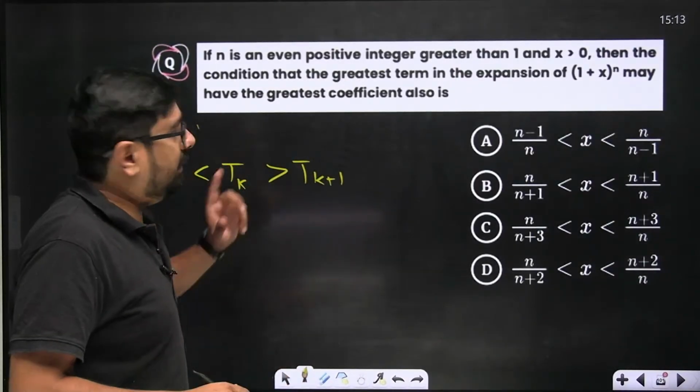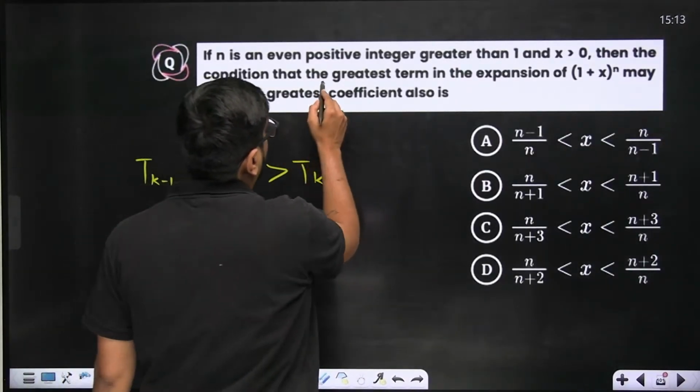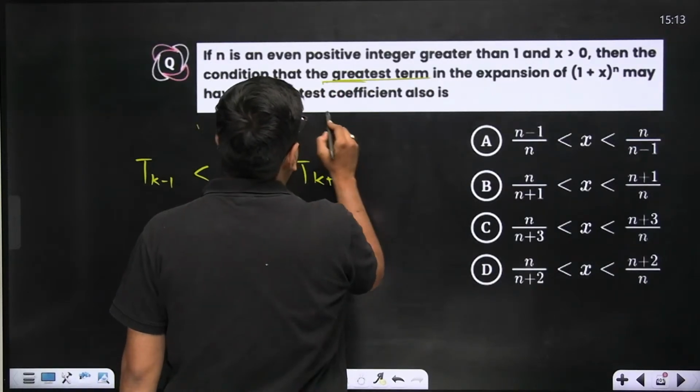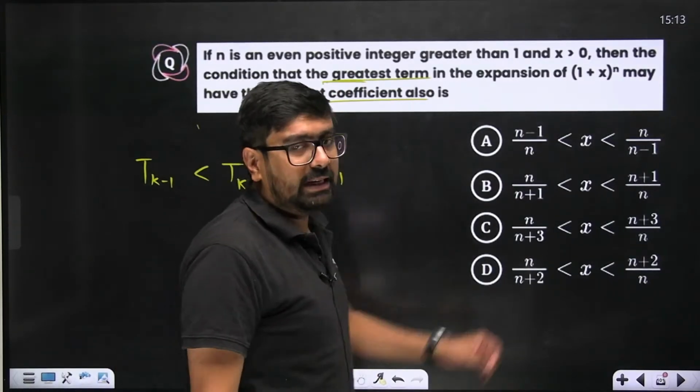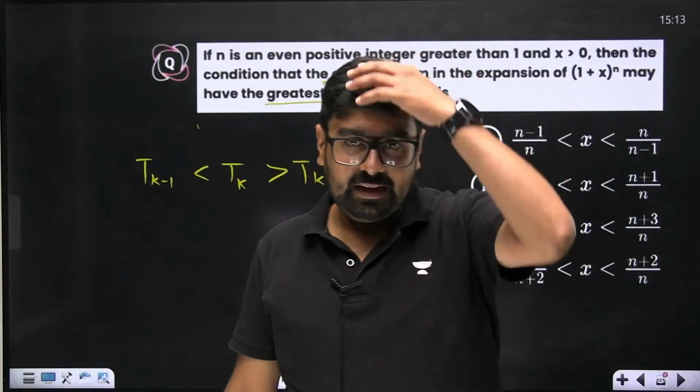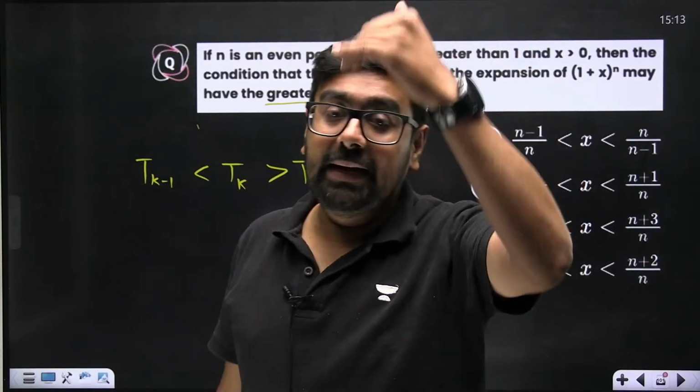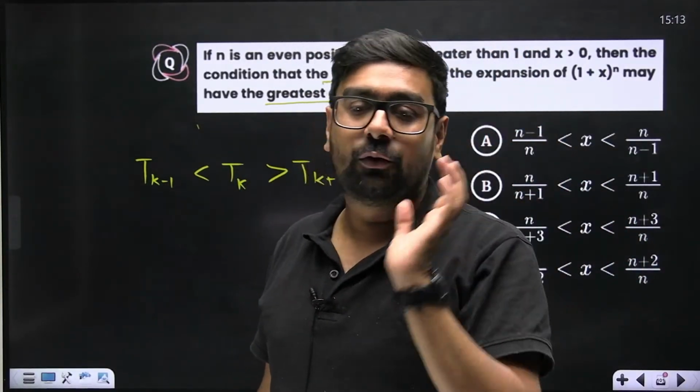Now, one main thing in this question: in these types of questions they will say the greatest term has the greatest coefficient also, and the greatest coefficient is always the middle coefficient, or two middle coefficients.